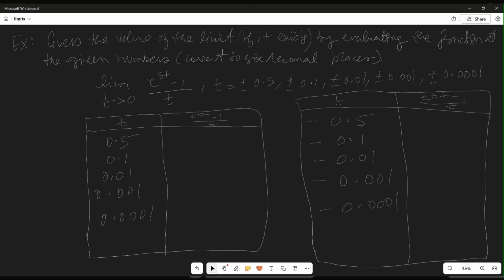And a calculator is very helpful in this problem. So at 0.5, you notice the value for this function is 22.364.